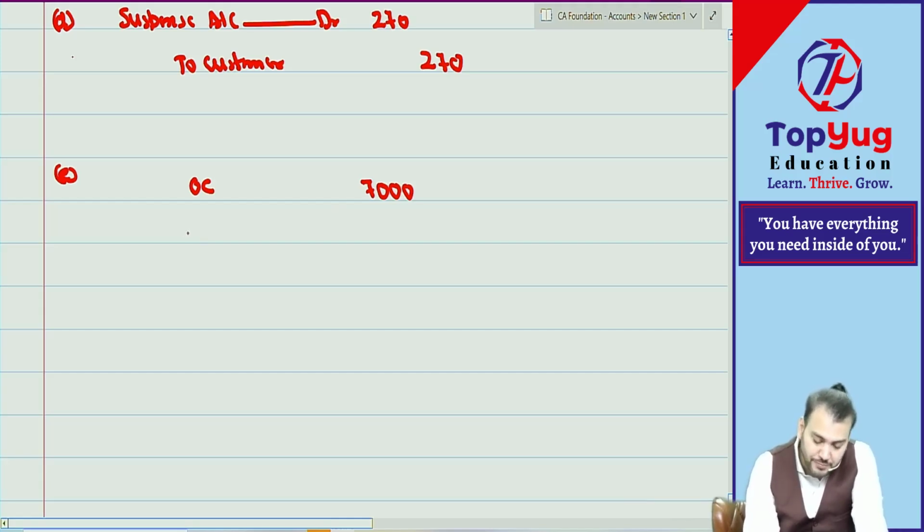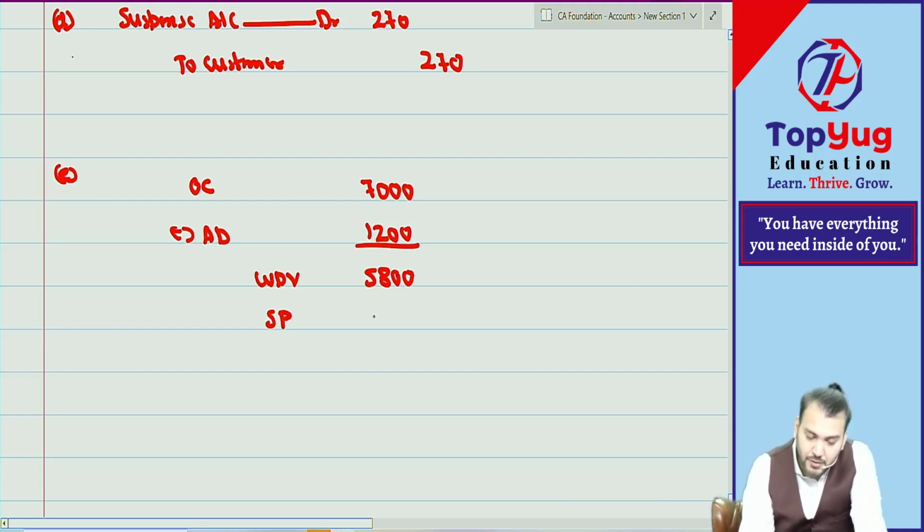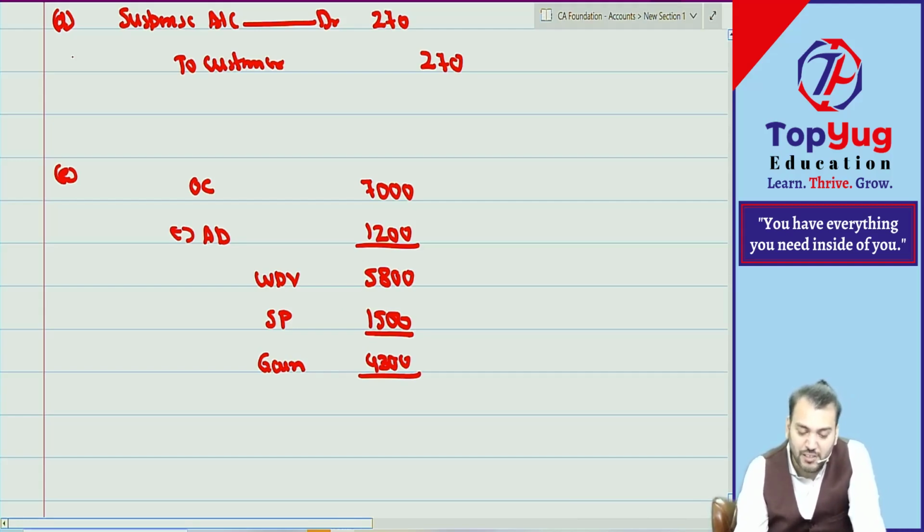How much accumulated depreciation? 1,200. What is the written down value? It is 5,800. What is the sale price? 1,500. What is the gain? Gain is 4,300.